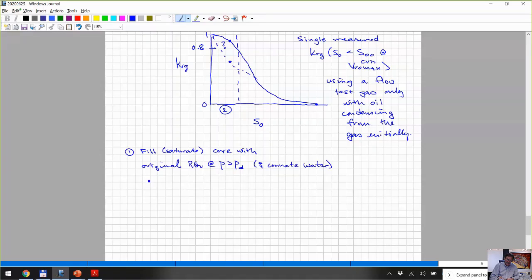And then deplete to some pressure P tilde, where the VRO from the CVD reaches its maximum.